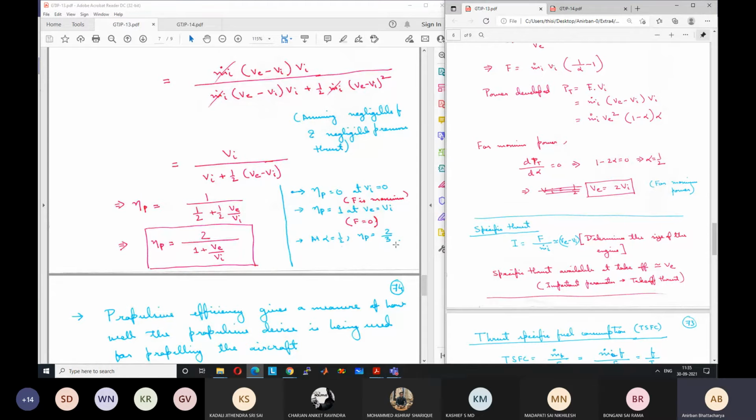But the exhaust gas goes out at very large velocity. So in that case, it is not very efficient because V minus Vi will be very large, or V will be much greater than Vi. Much of the energy will be lost as unused kinetic energy to the atmosphere.